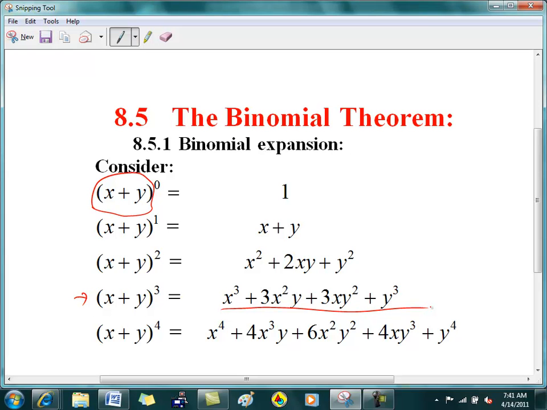Does everybody understand the first row? x plus y to the 0 equals 1. Anything raised to the 0th power is 1. The next one, x plus y squared, is fairly obvious. Mark, how would you do x plus y cubed?